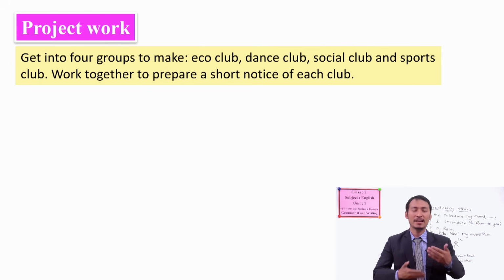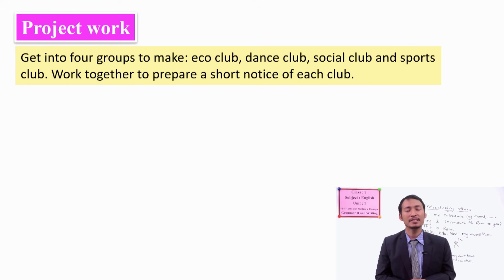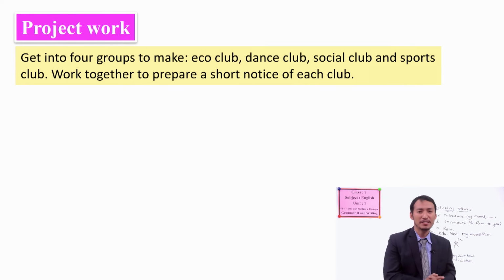So notice, as we have already read a notice in our previous lesson, we need to write certain information in a notice. What do we need to write in a notice?